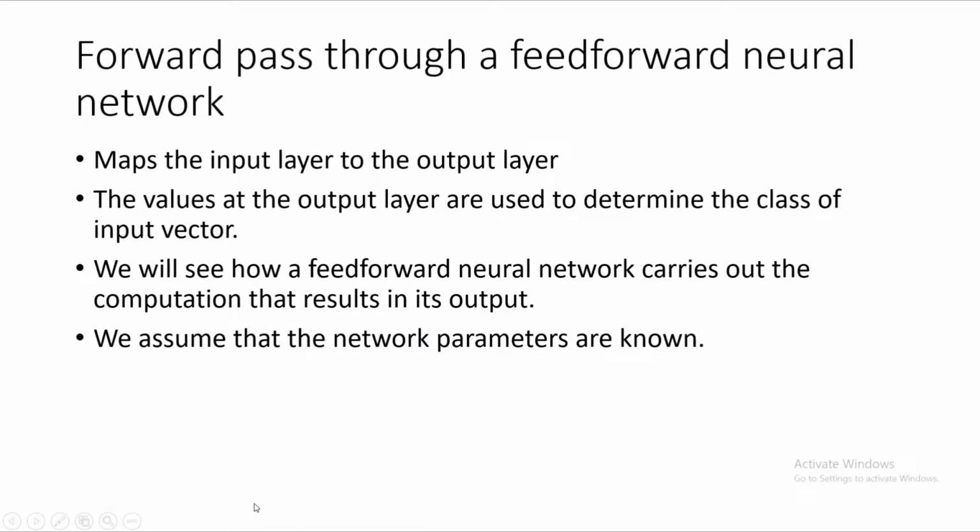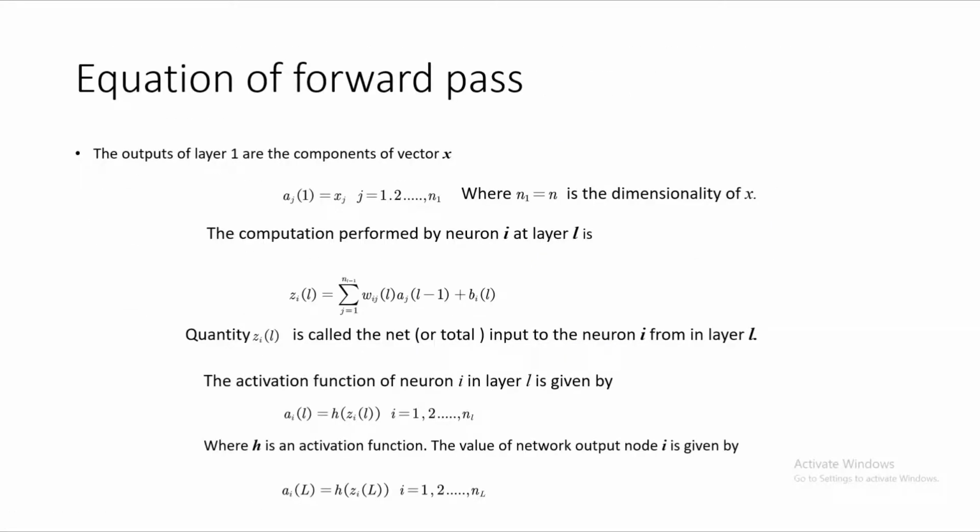And what we do is, the computation performed by neuron i at layer l is the weighted summation of the input, and the input will be the output, the activation value, of the previous layer.